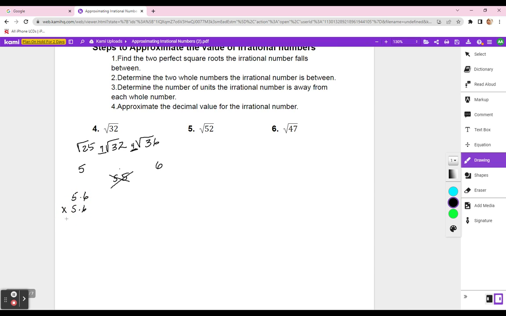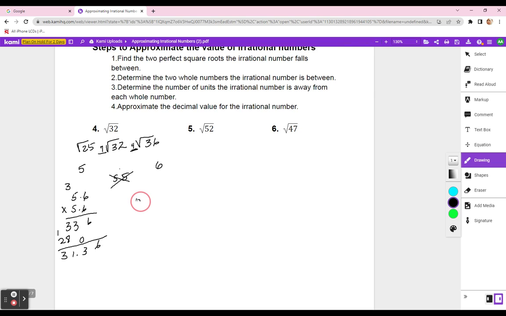Multiply it by itself. All right, so that gives us 31.36. So we're 0.64 units away from 32.